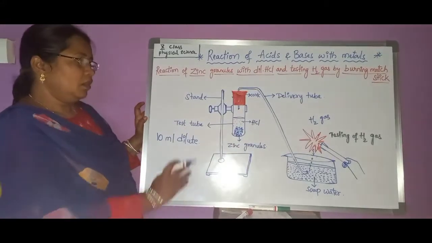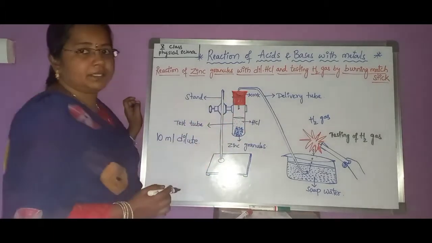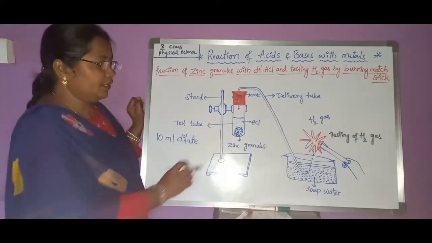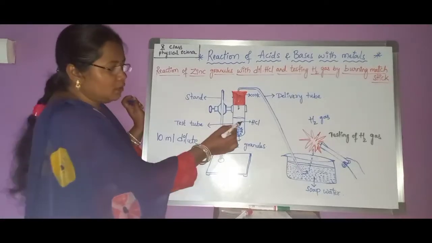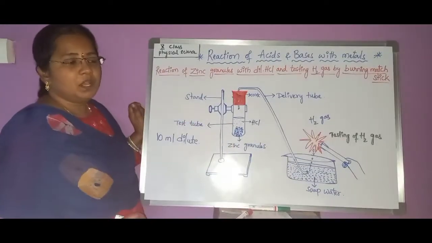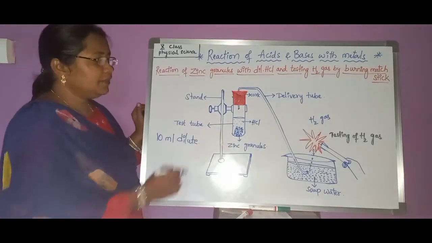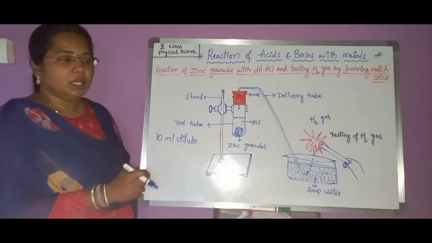Then when we close the mouth of the test tube with the rubber cork, what is going to happen inside the test tube? If we observe carefully, a chemical reaction takes place between the dilute hydrochloric acid and zinc granules in the test tube. Due to the reaction between zinc metal and hydrochloric acid, some colorless gas is released.